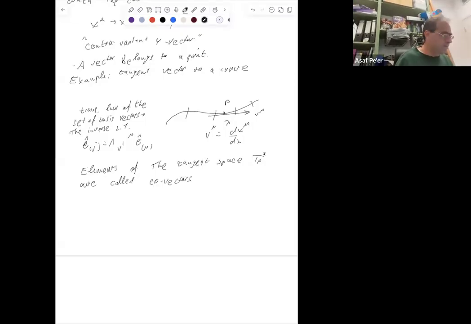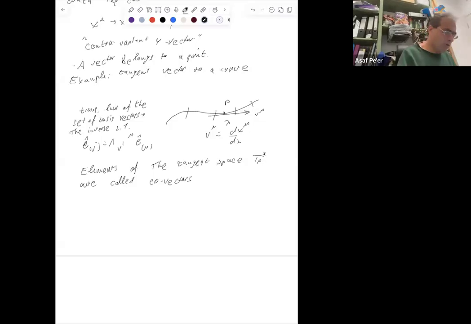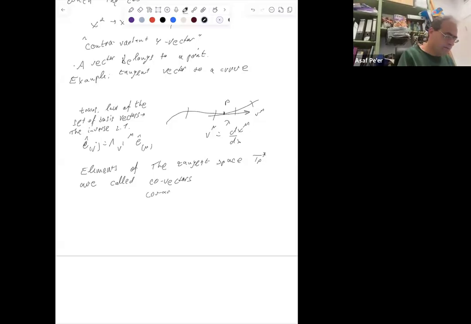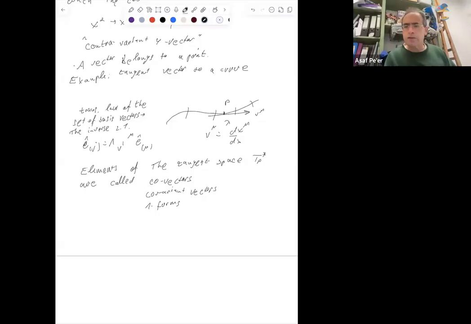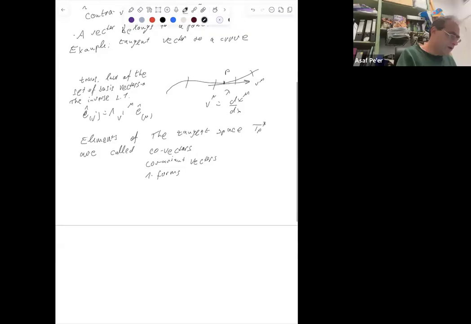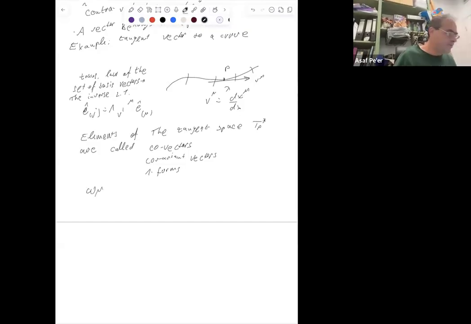These actually have several names, also called covariant vectors, and also one forms, for reasons which we won't discuss because we simply will not have time. And they are denoted with lower indices, omega mu.